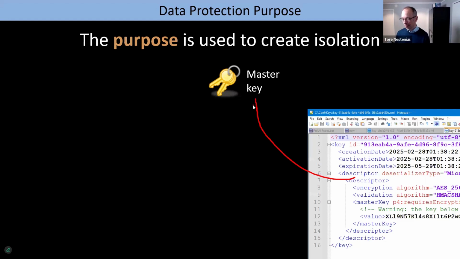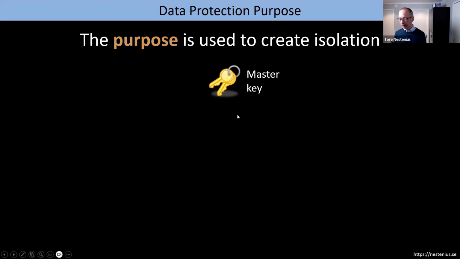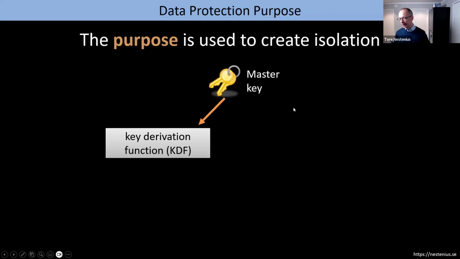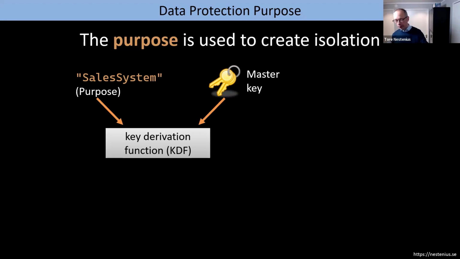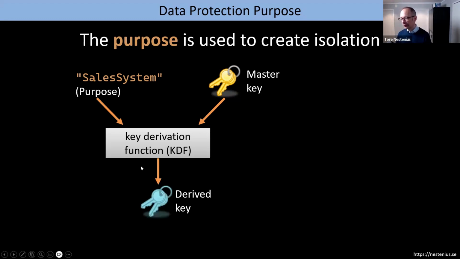Both my instances use it, but we don't use this one directly. Instead, we use a key derivation function and a purpose to create derived keys. And those are the ones we use to encrypt information.